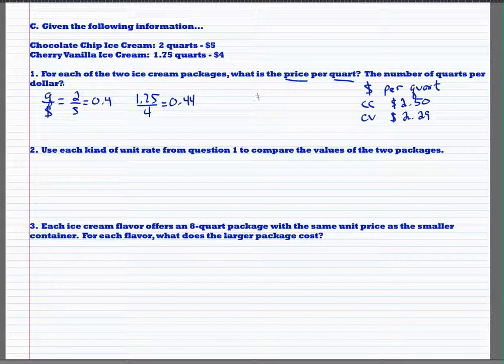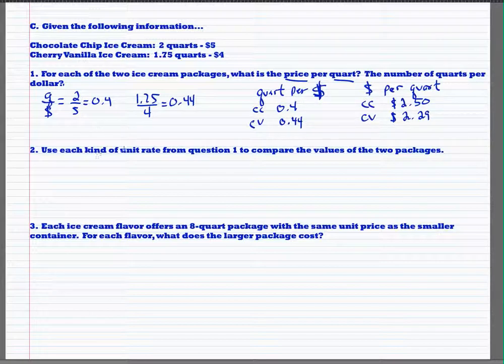So in terms of quarts per dollar, the chocolate chip is 0.4, and the cherry vanilla is 0.44. Okay, so we need these two pieces of information here to answer the next question.